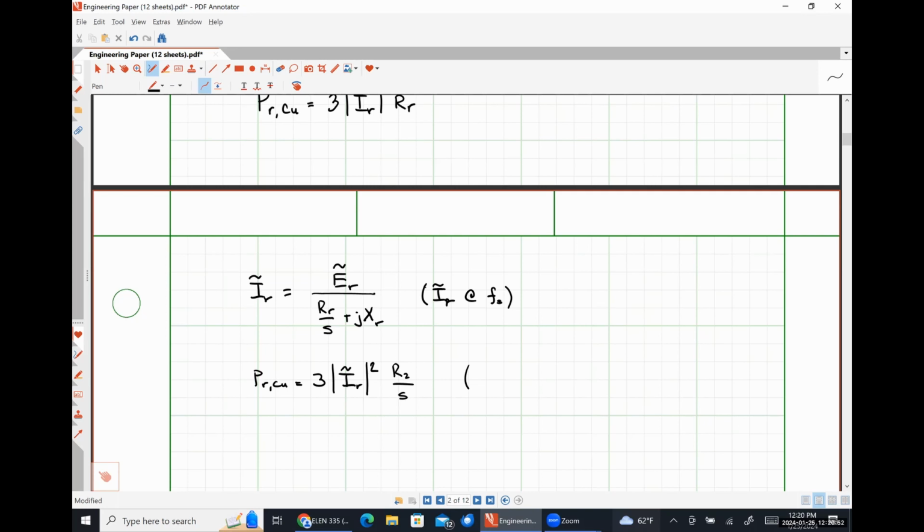Meaning that small slip yields large absorbed power.